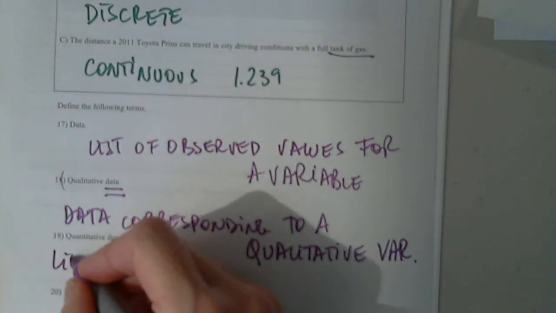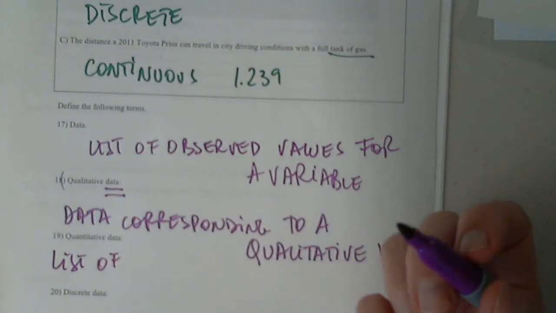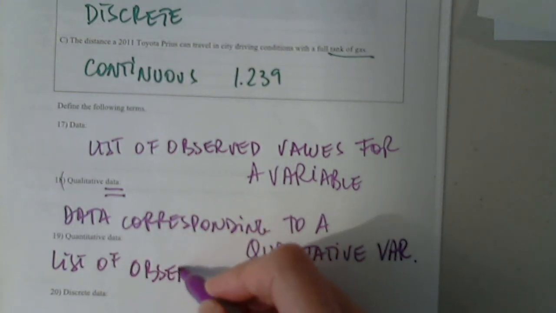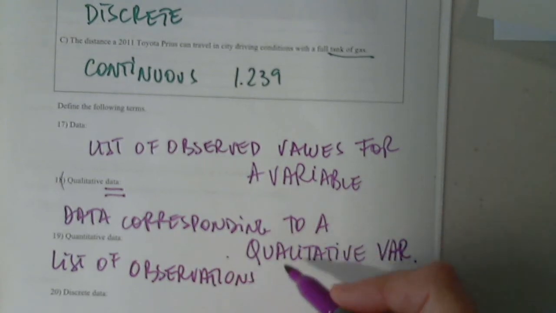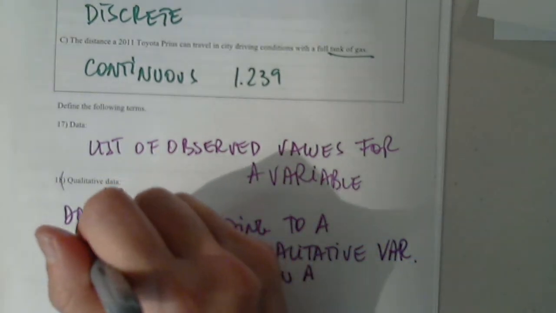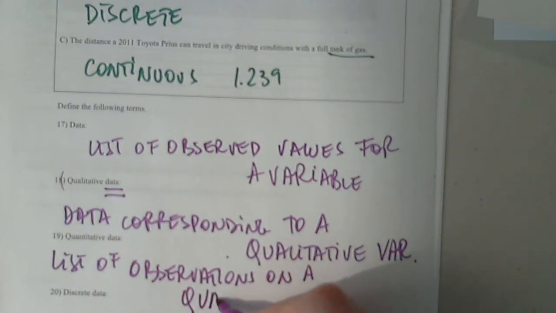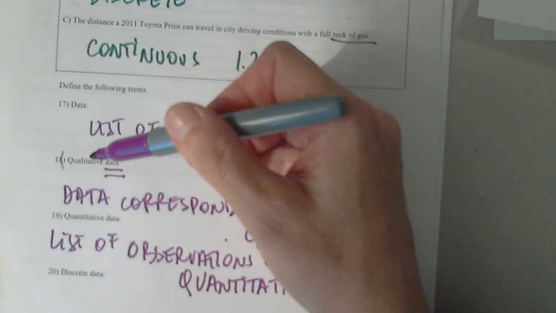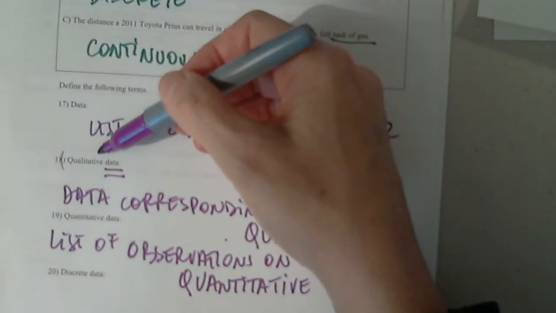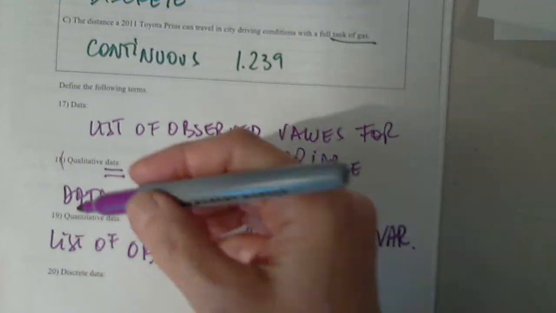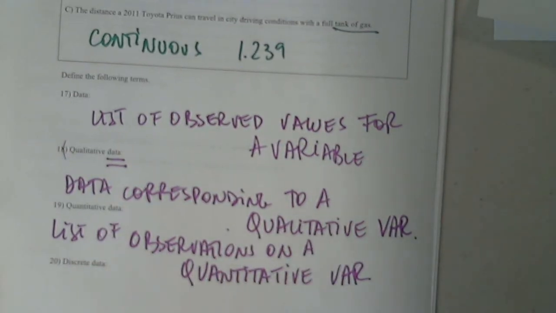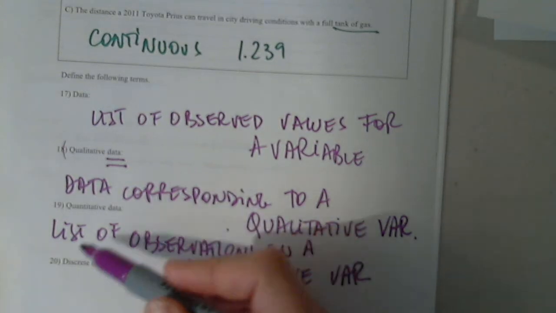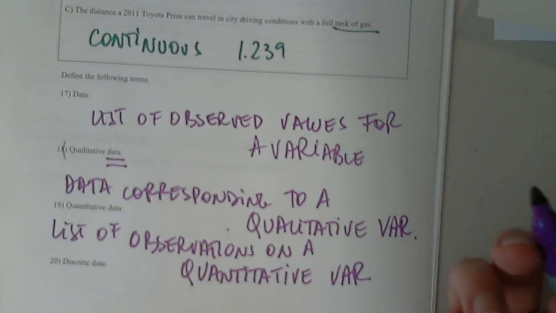So this is a list of observations on a quantitative variable. So a qualitative variable has corresponding qualitative data. A quantitative variable has corresponding quantitative data. Sometimes they are interchangeable. Of course, discrete data corresponds to a discrete variable.